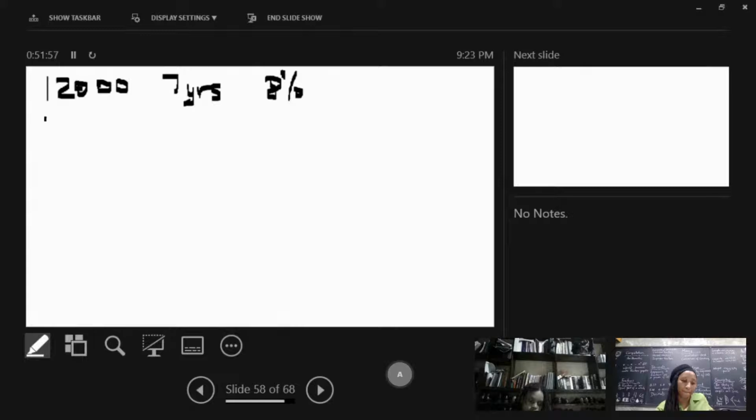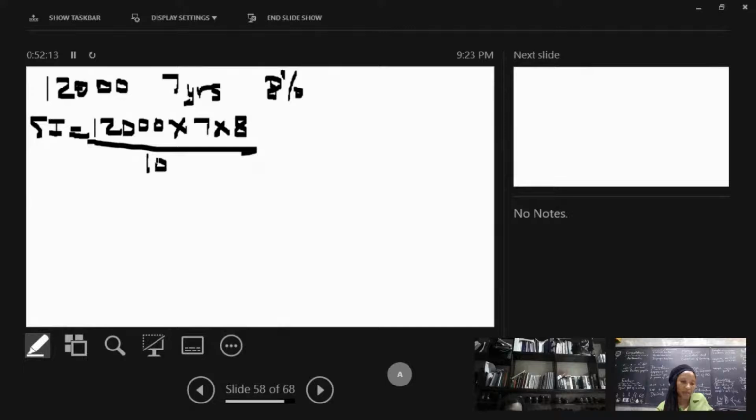The simple interest is equal to 12,000 times 7 times 8 over 100. And that gives what? 6,720. And the amount would be that plus the 12,000.